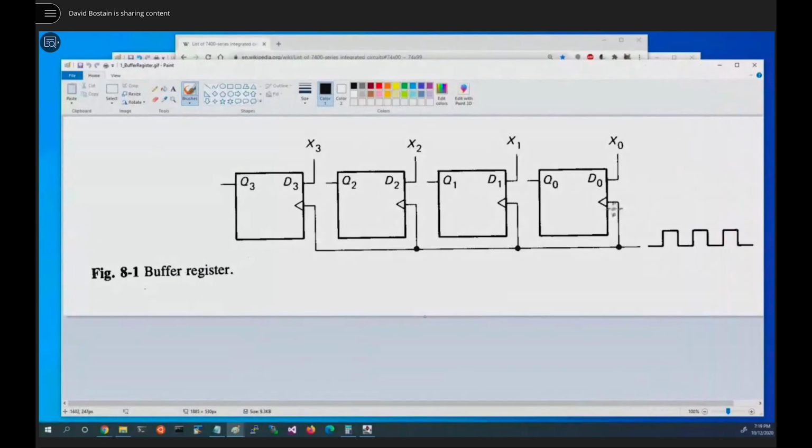We talked about a buffer register at one point, although you didn't know we were. When we did like the blocking AND, for example, at the very top, there was something we call a register.